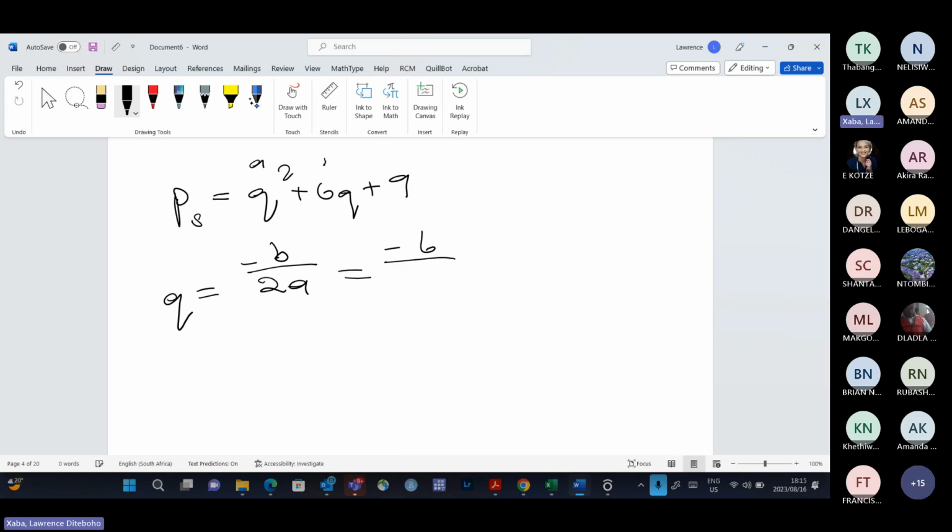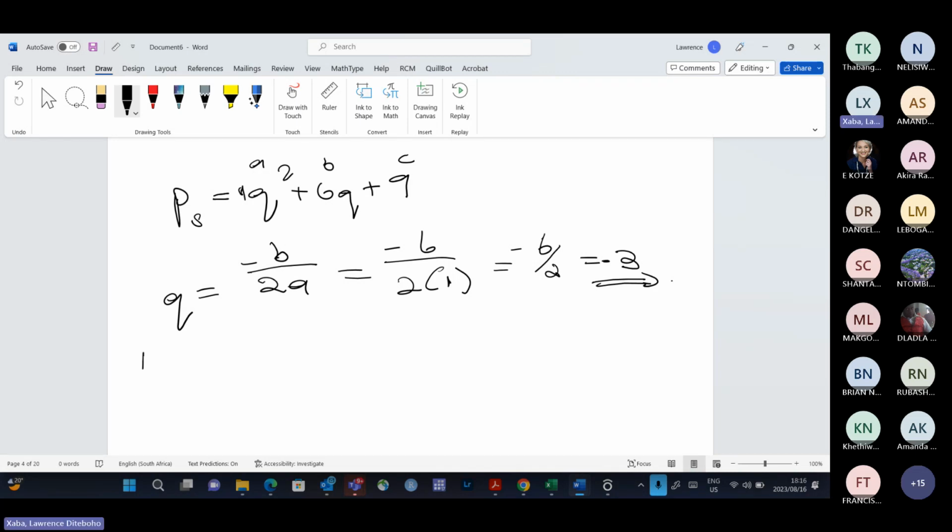Remember, this is A, B, C. Then we have our denominator, which is 2 times 1, because we don't have any number in front of Q squared, that's representing A. So we simplify it, and we end up having 6 divided by 2, which is negative 3. So this is our turning point.